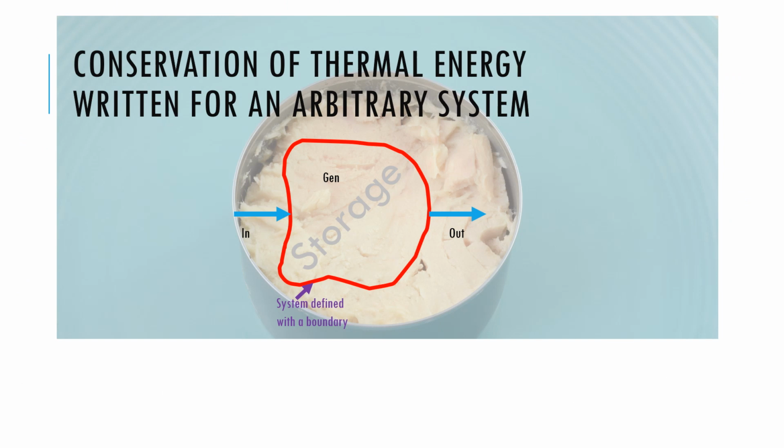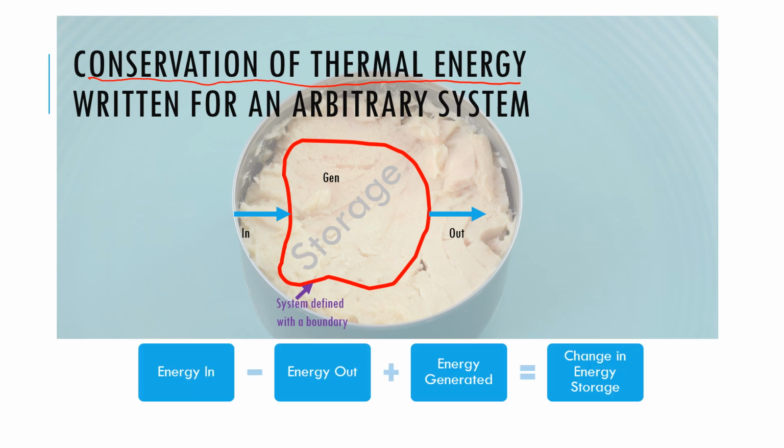So the heat equation that we will derive is simply a mathematical statement of conservation of thermal energy that we are all familiar with. But to apply this thermal energy conservation, let me write that. The conservation just says in minus out plus generated should be change in storage.